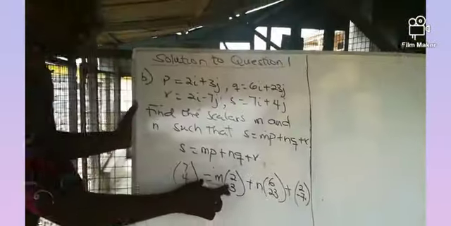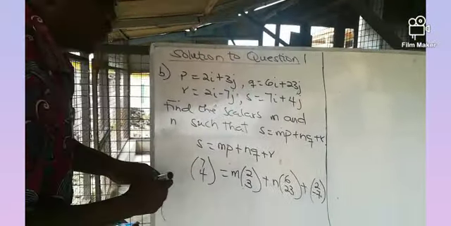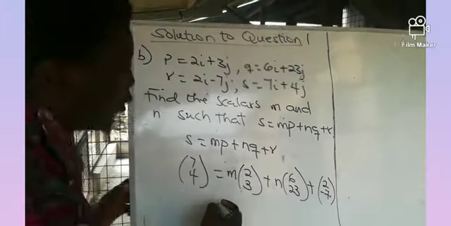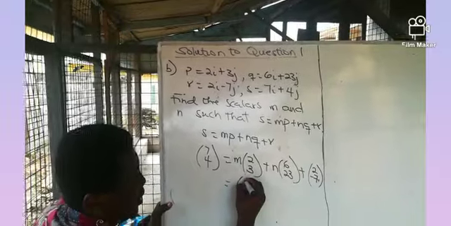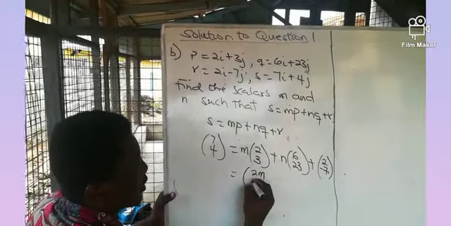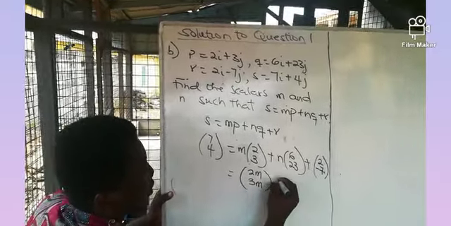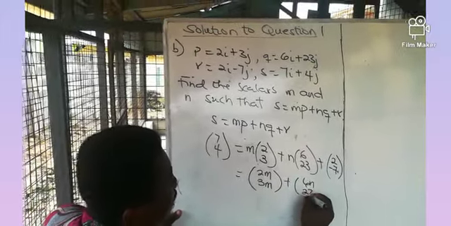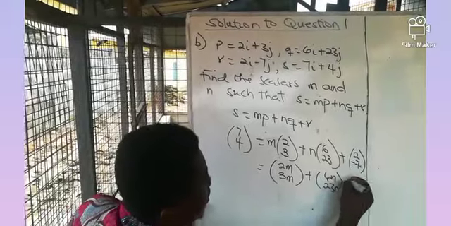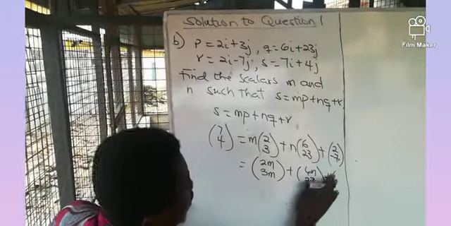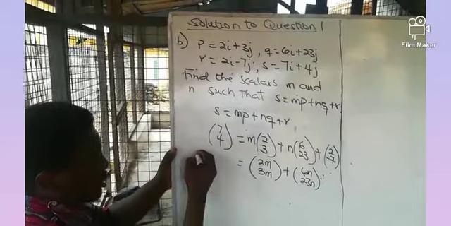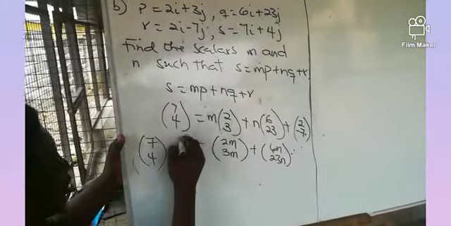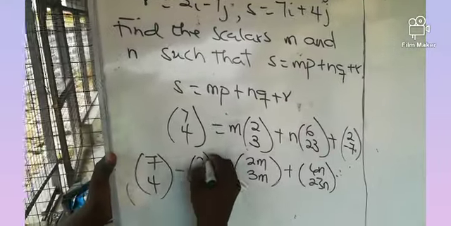So whenever you have a scalar multiplying a vector, you have to take note that the scalar will multiply both top and down. So you will end up getting 2m, 3m plus 6n, 23n, and plus, we can bring the r to the other side. So already we have 7, 4 over here, so minus the r, which is 2, minus 7.